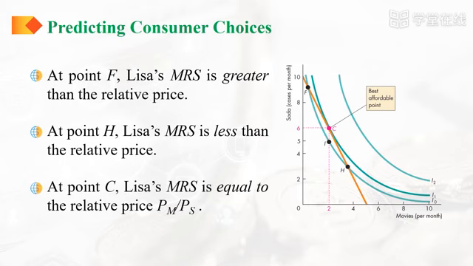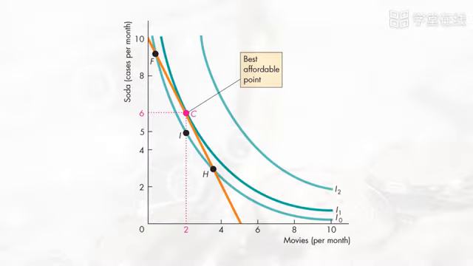Then at point H, Lisa's MRS is less than the relative price. She might prefer to consume more soda and fewer movies. It is leading point H moving to point C. Only at point C, Lisa's MRS is equal to the relative price, the price of a movie over the price of soda.